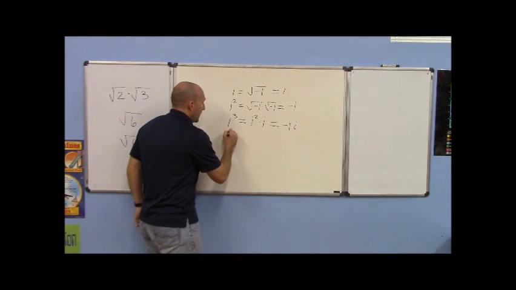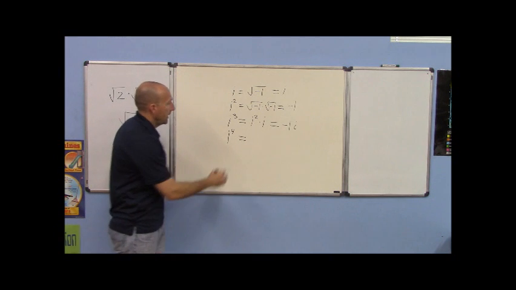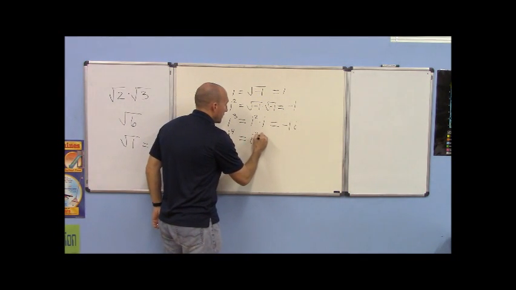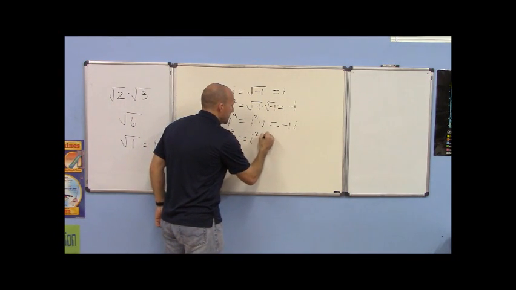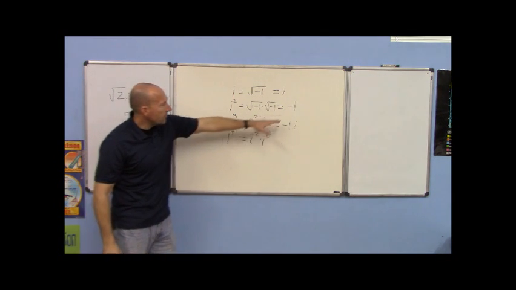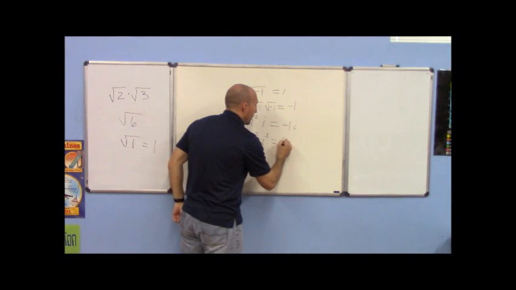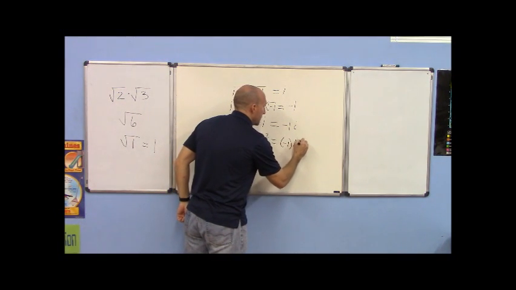So now, with that being said, if we have to the fourth power, well, that is an imaginary number squared times an imaginary number squared. This is the same thing. Well, each of these are -1 times -1, and that equals 1.